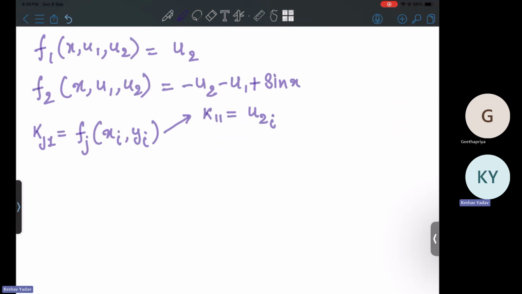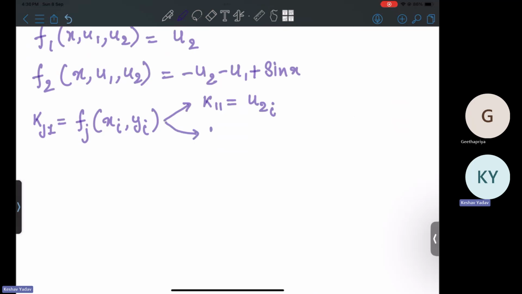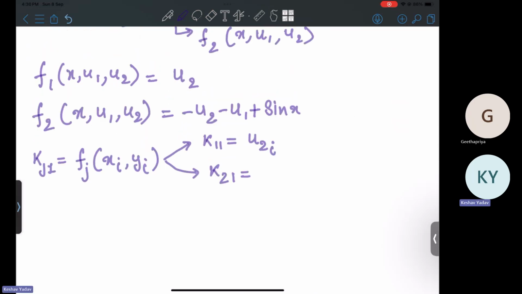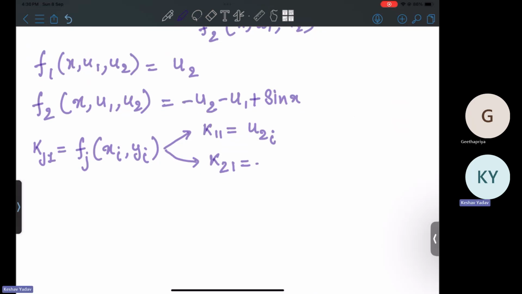Similarly, k21 will be equal to minus u2i minus u1i plus sin xi. Okay.